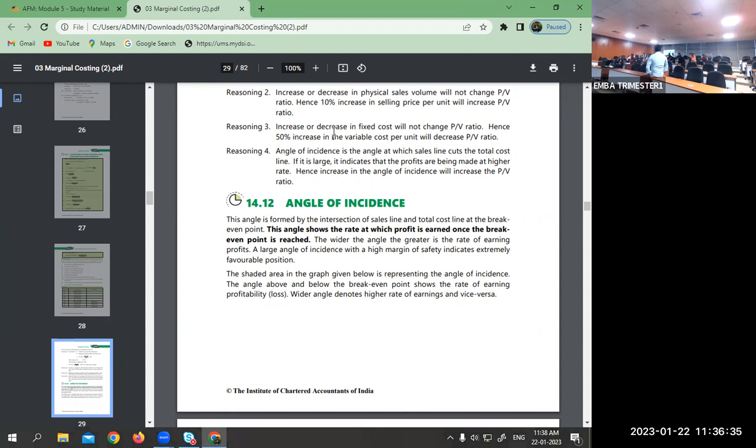Each question is from each chapter, except the cash flow chapter, which will be omitted for Section A. Except the cash flow statement chapter, all chapters have one question in Section A. Clear?